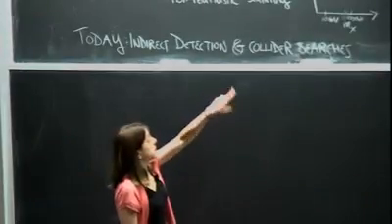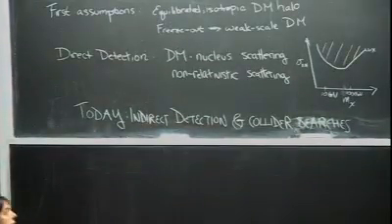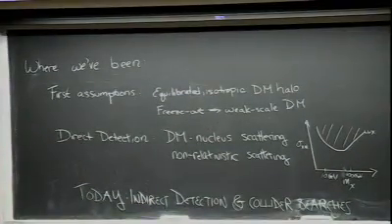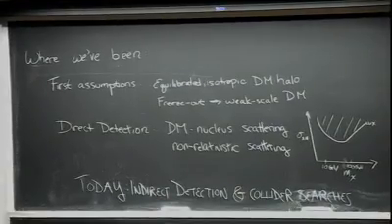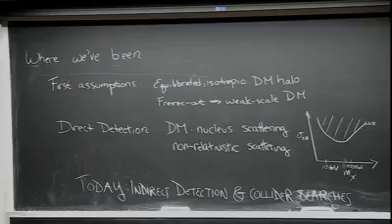And then we ended with just a broad overview of what the current limits are from these searches, and the fact that they are starting to probe some very well-motivated regions of parameter space where the dark matter interacts with the nucleus via a Higgs exchange. So today what I'm going to do is discuss two other classes of searches.